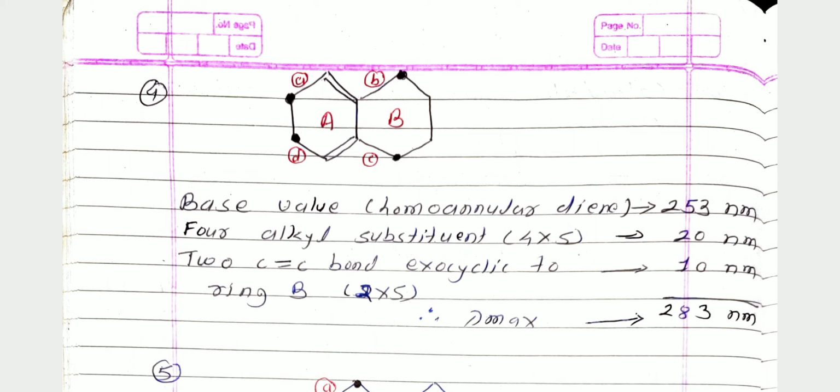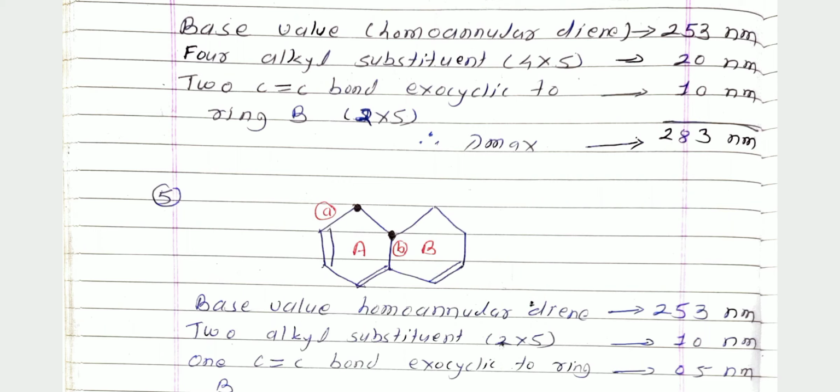Then adding these 3 values, lambda max value is 283 nanometer. This is the example of homoannular diene, and the base value for homoannular diene is 253 nanometer, and the base value for heteroannular is 240 nanometer.